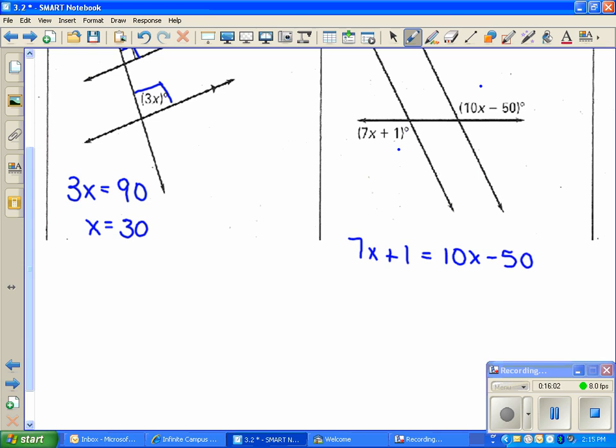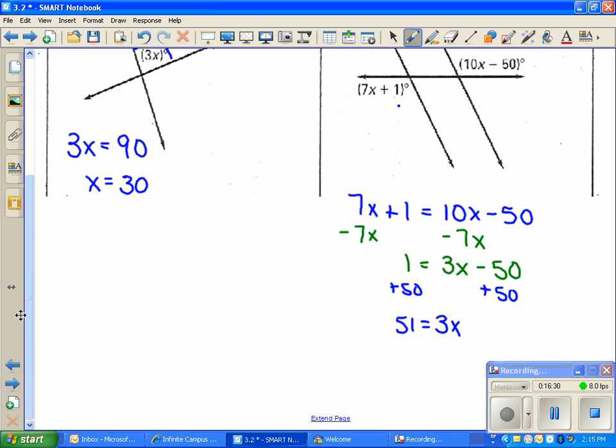All right. Remember, if you have variables on both sides of your equation, what you need to do? Move your x's first. Opposite of a positive 7x is? You subtract 7x. Bring down your 1. Bring down your 3x. Bring down your minus 50. Then you move the 50 to the other side. So you get 51 equals 3x.